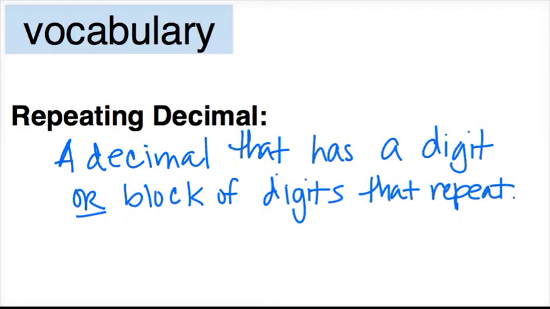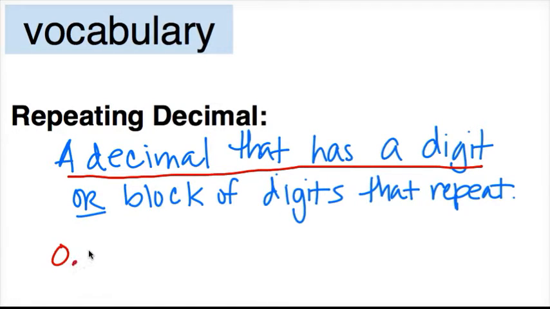Now, there's a very specific reason that we put that or, and I'll explain what I mean in a second. So if we look at the first part of the definition, a decimal that has a digit that repeats, that could be an instance like this.